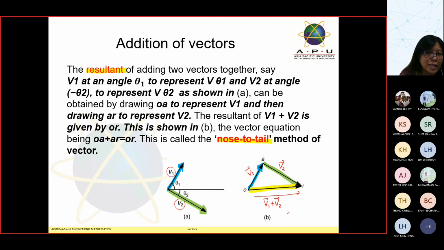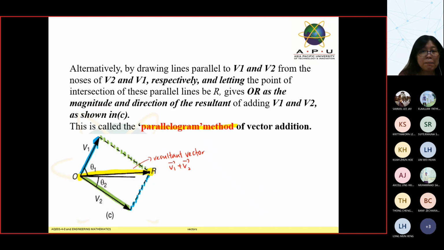Maybe you don't call it nose to tail; I can't remember the other name. But we always use the name parallelogram method, because after we draw the parallel lines, we form a parallelogram. Is that clear so far, how we get the resultant vector? Yes, Miss.